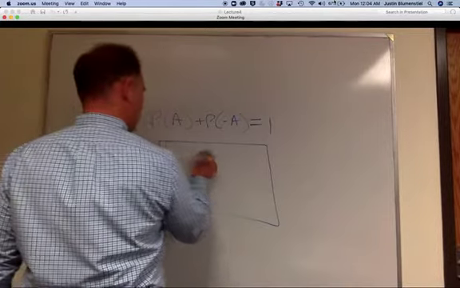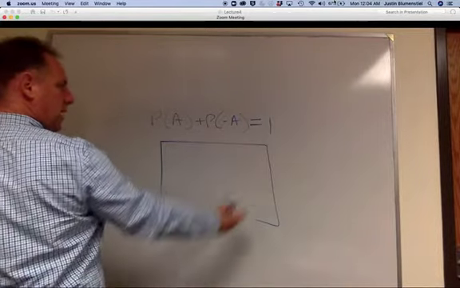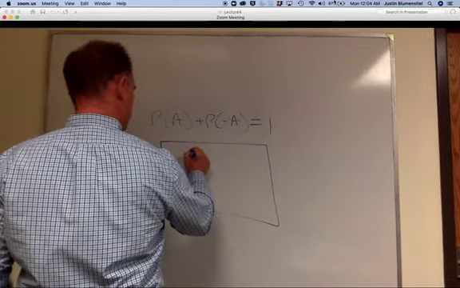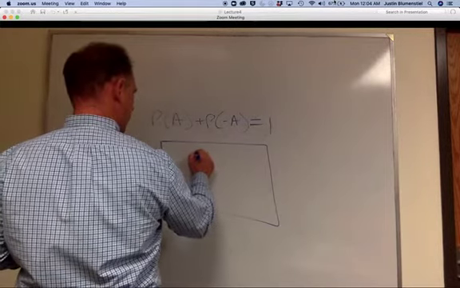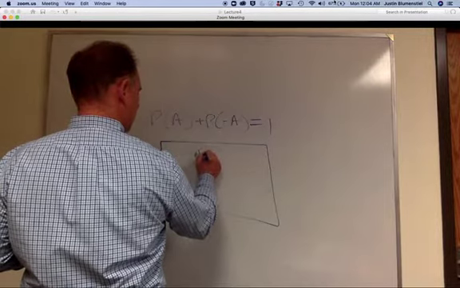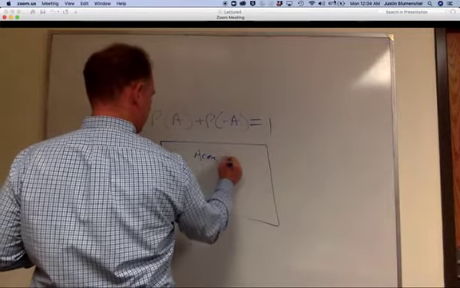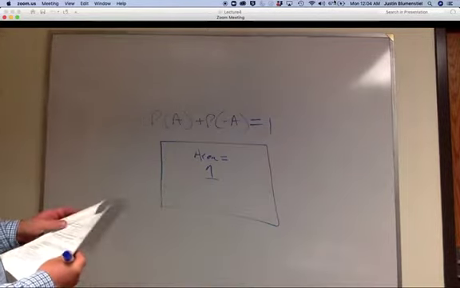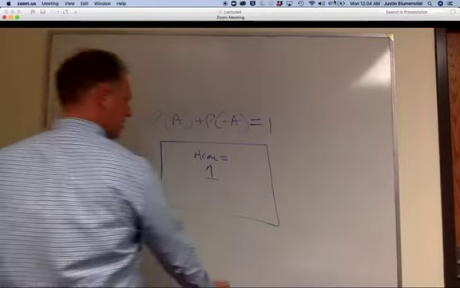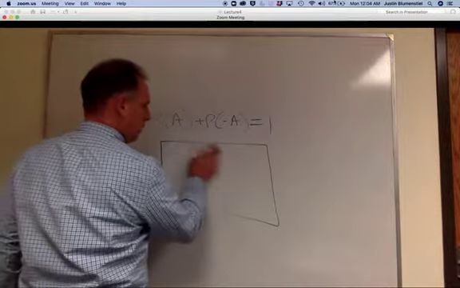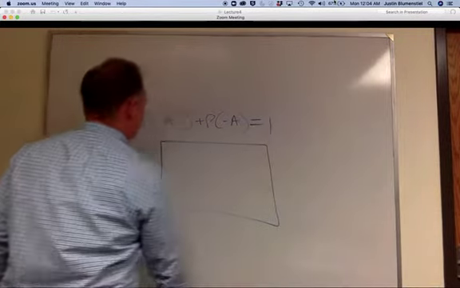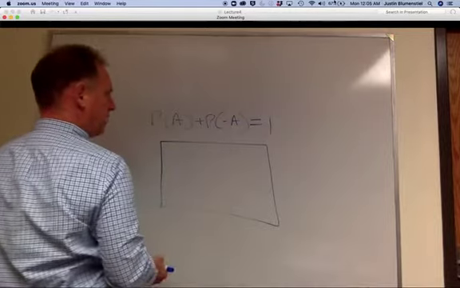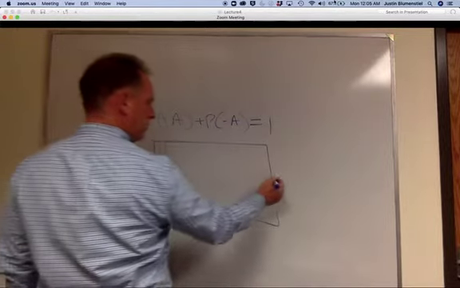So this is the realm of all possible outcomes in any arbitrary scenario, and the area of this space is equal to 1. If this area is equal to 1, you can break that area up, and this is why the probability of A plus the probability of not A equals 1.